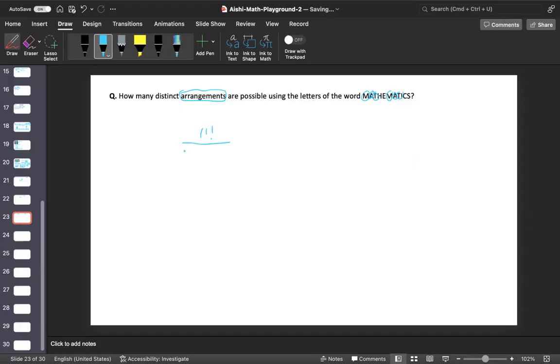So we're going to divide by 2 factorial times 2 factorial times 2 factorial, which is equal to 11 times 10 times 9 times 8 times 7, times 6 times 5 times 4 times 3 times 2 times 1.